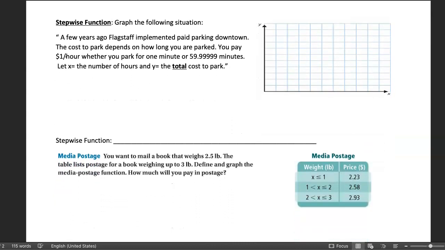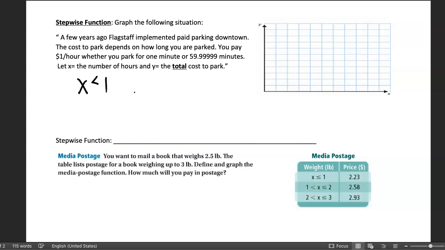What a stepwise function is, let's say we're parking downtown. The cost of parking depends on how long you're there. You pay $1 for an hour, whether you're there for just 30 seconds or you're there all the way up until the hour. So what would this look like? Well, if x is less than or equal to 1, if our time is less than 1, that is not including it, how much do we pay?